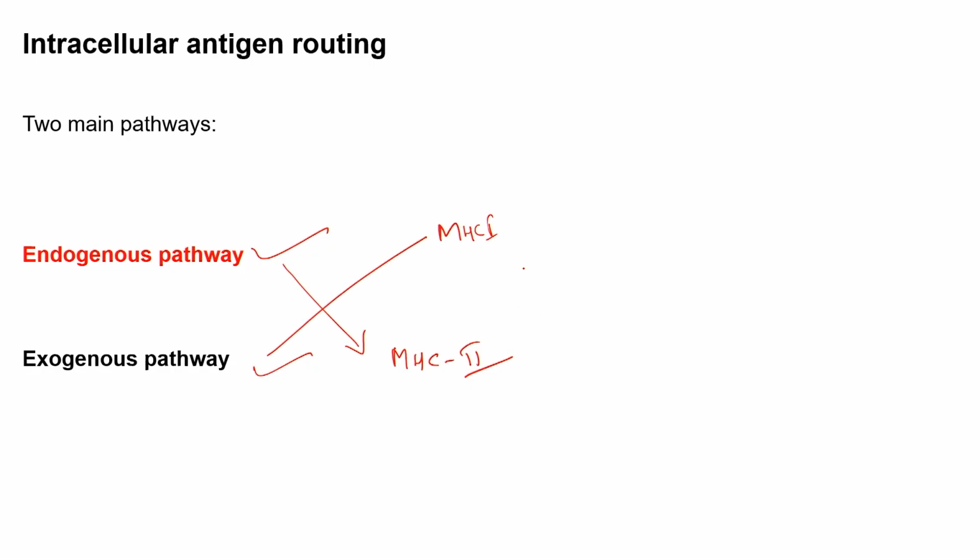That means the antigens processed through the endogenous or exogenous pathway can load into a different molecule altogether, away from the canonical binding affinity. This is called cross presentation.